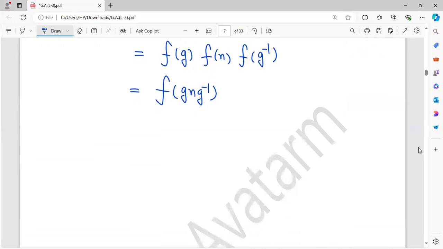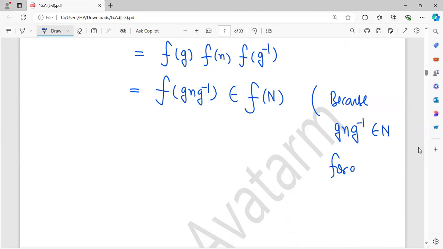This belongs to f(N), because g n g inverse belongs to N for all n belongs to N and g belongs to G. Small n belongs to capital N. So that is why this belongs to this.